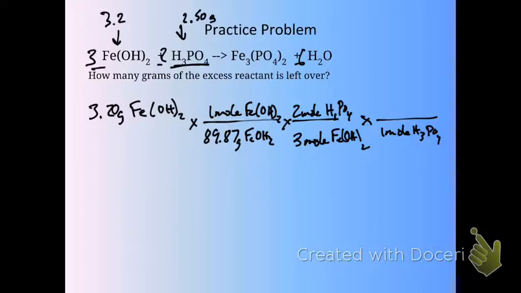All right, so H3PO4, let's figure out the molar mass. 30.97, plus 4 times 16. All right, so 98. So we're going to calculate this whole thing.